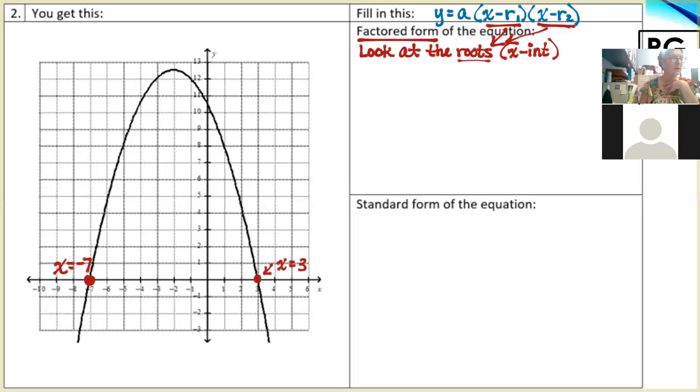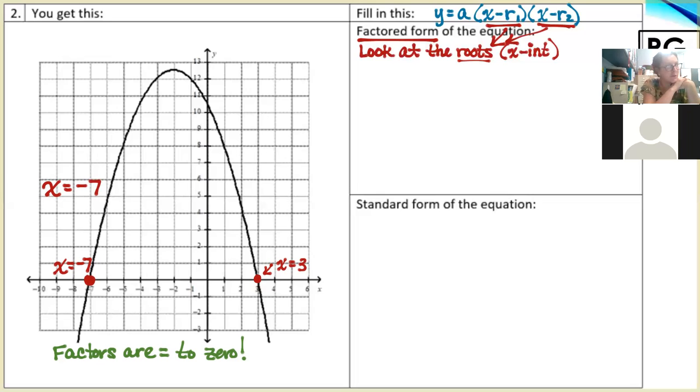Beautiful. But I need factors. Factors always have to be equal to 0. So how would I take something like x equals -7, get it equal to 0?